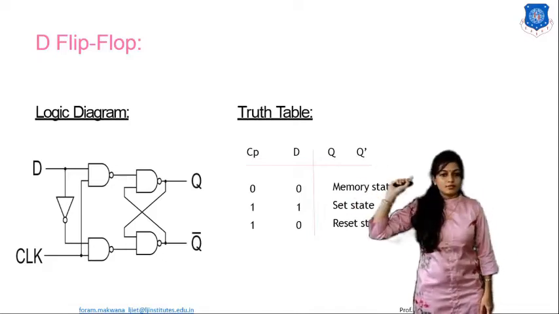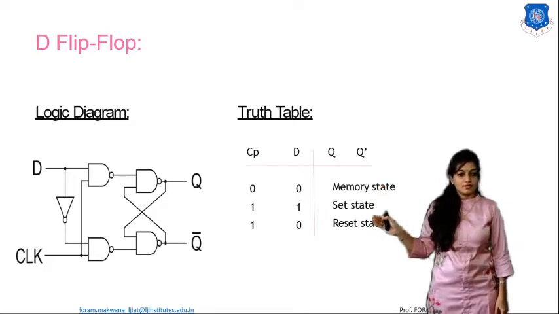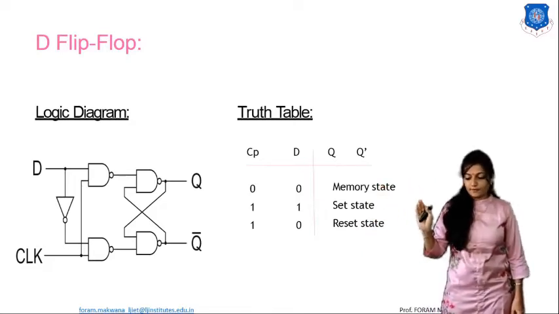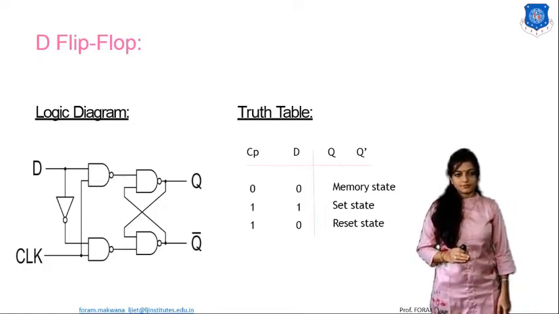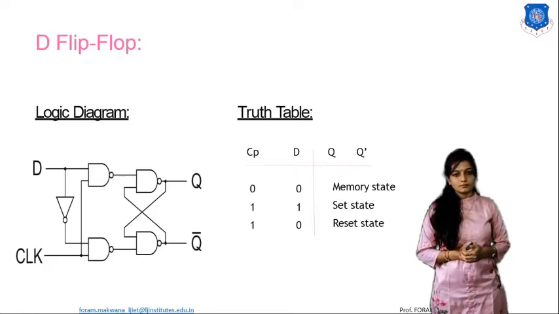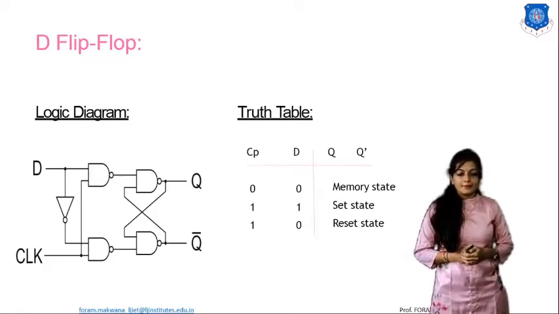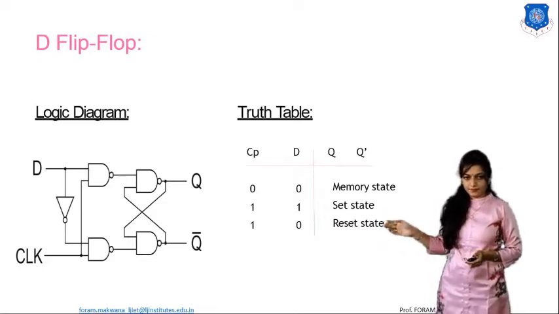Alright? The single input is taken out, that is D. The remaining circuit is as it is. Now how will this D flip-flop work? Now the logic diagram.